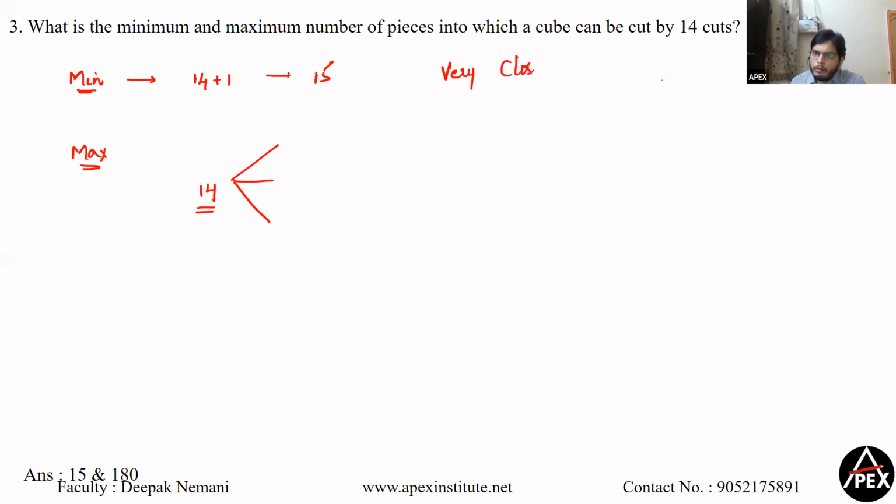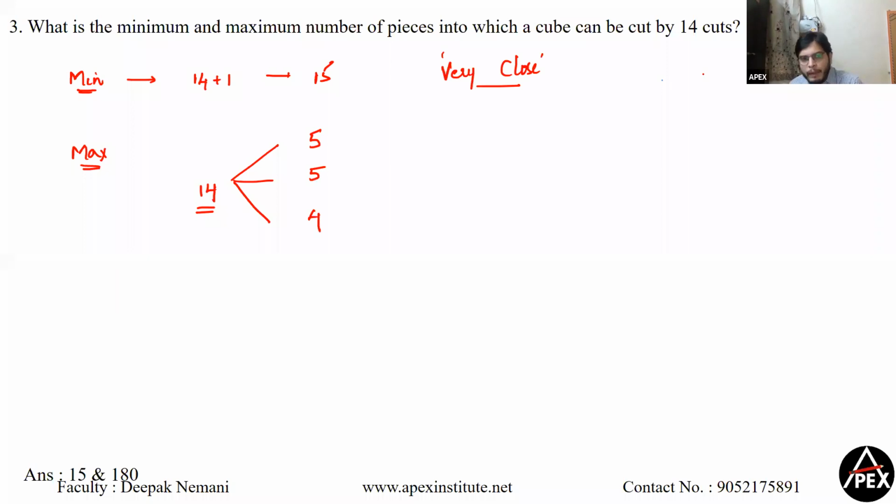So what are those numbers? 5, 5 and 4. So this is one possibility, and these numbers are very close to each other.